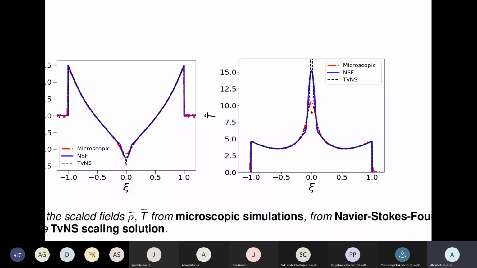In most of the region, all three theories agree perfectly well. In this core region, which is much smaller than most of the shock, you see differences between Navier-Stokes and the exact solution.